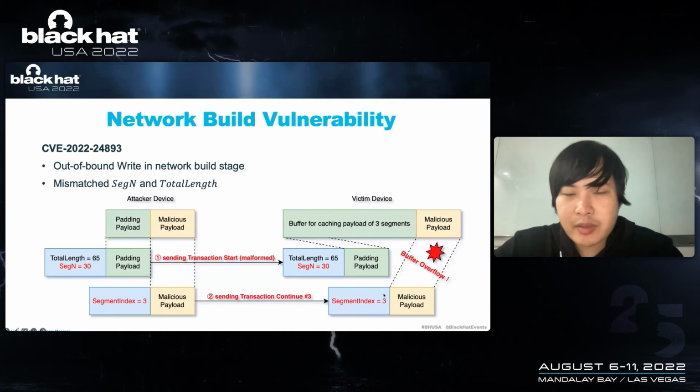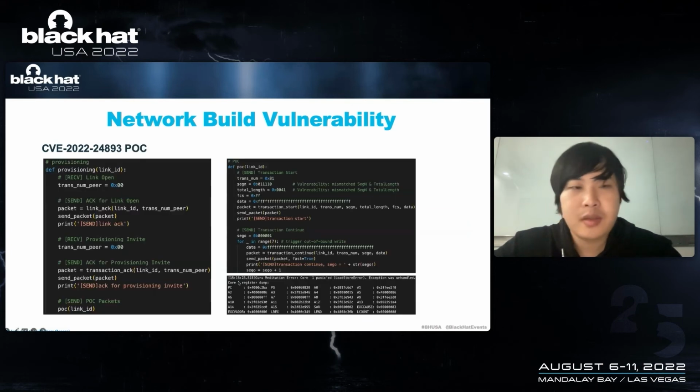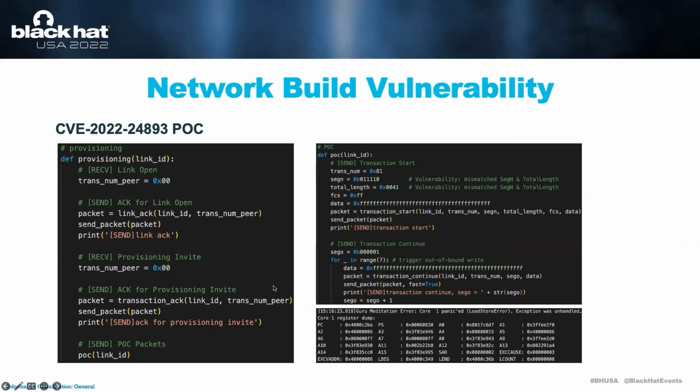But the segment index 3 means that this is the fourth packet, so it will be cached out of bounds and finally leads to an out of bound write. Here is the POC. We first build a link with the victim and then send the segmented packets. This finally leads to the crash of the Mesh service.